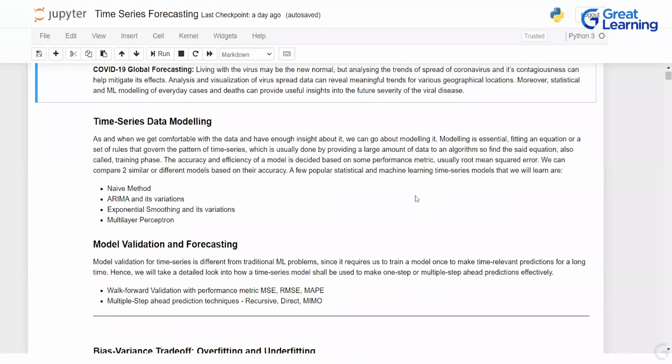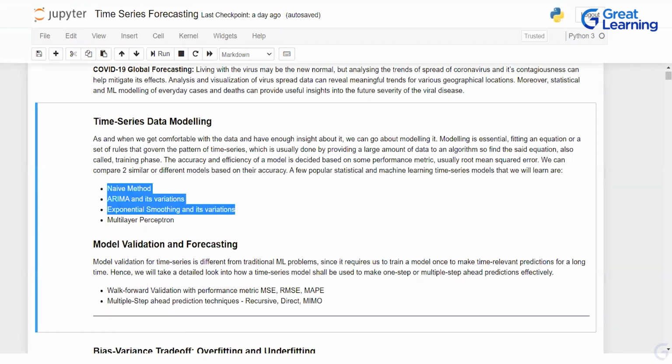So time series data modeling, when you are working on time series, some basic models that you have are the naive method, ARIMA, which is autoregressive integrated moving average, and we will learn about its variations, and exponential smoothing and its variations. These are your stats models, or your typical time series models.